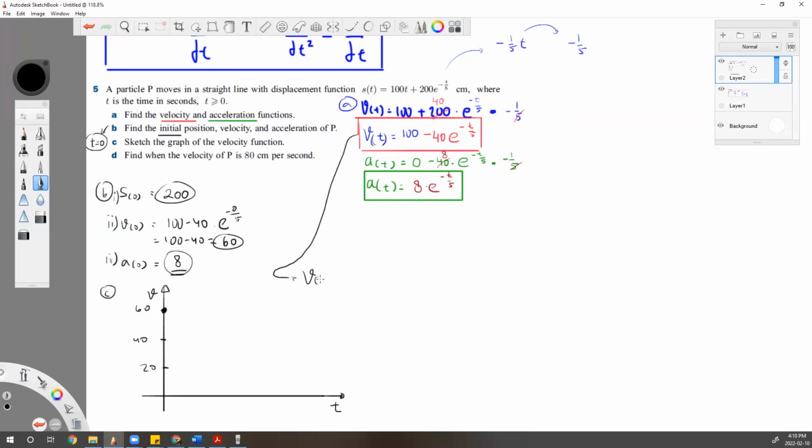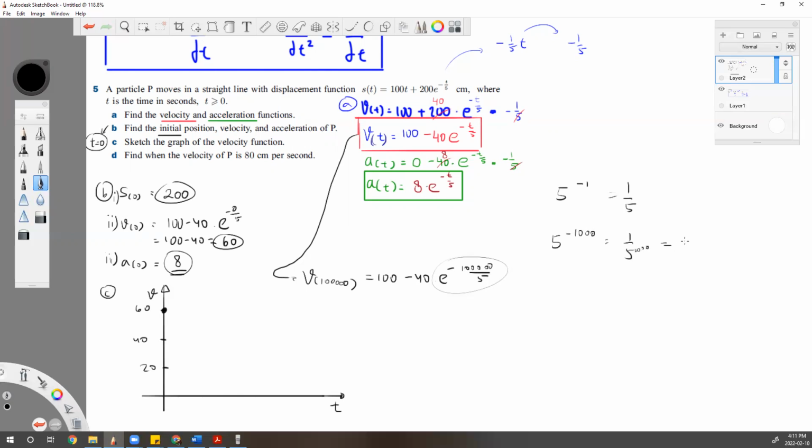So v infinity equals, let's say, v of 1000 or 1 million seconds. Just think of the highest number. So it equals 100 minus 40 times e power negative a huge number over 5, so this will be a fraction. Remember, 5 power negative 1 equals 1 over 5, so 5 power negative 1000 equals 1 over 5 power 1000.